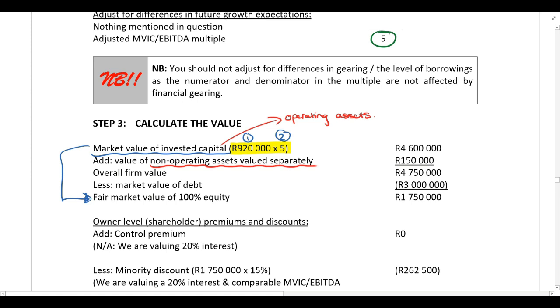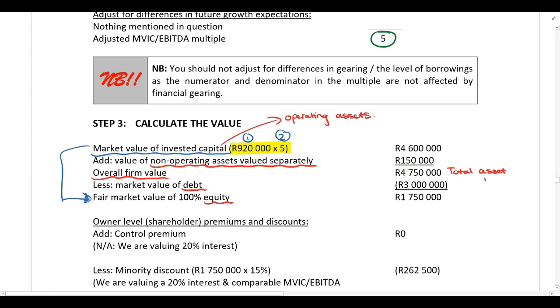That is going to give me my total asset value, and remember that is referred to as the overall firm value. Then I deduct the value of debt, and that will leave me with the value of equity.